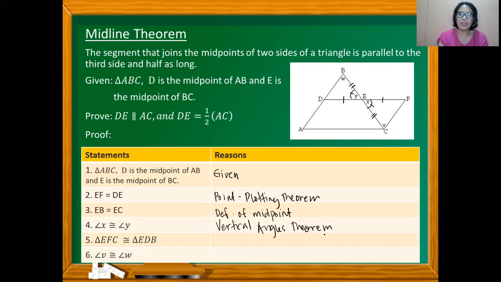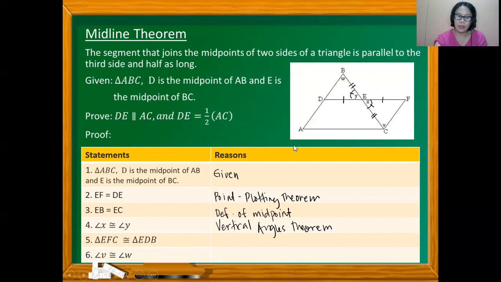And vertical angles theorem states that vertical angles are congruent. So vertical angles are the result of two intersecting lines. For instance here, BC intersects DF. So as a result, we are able to create vertical angles such as X and Y and another pair of vertical angles.